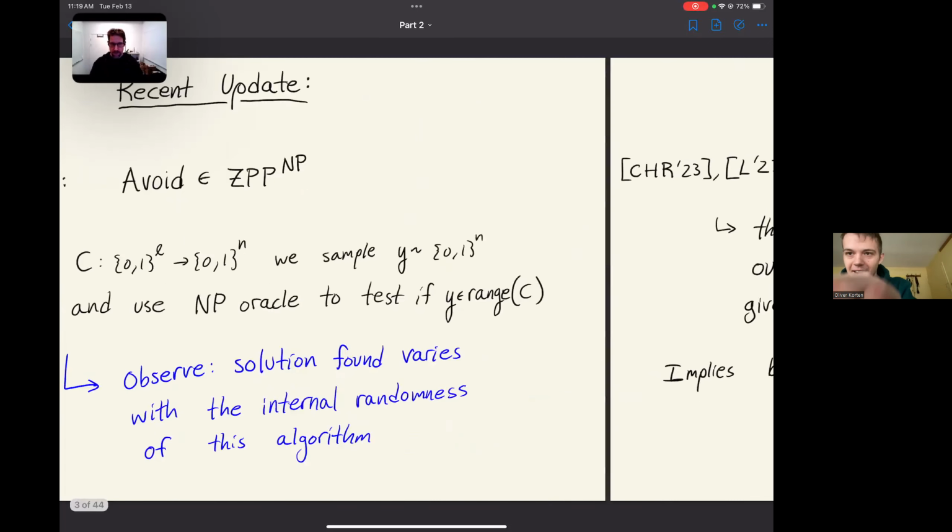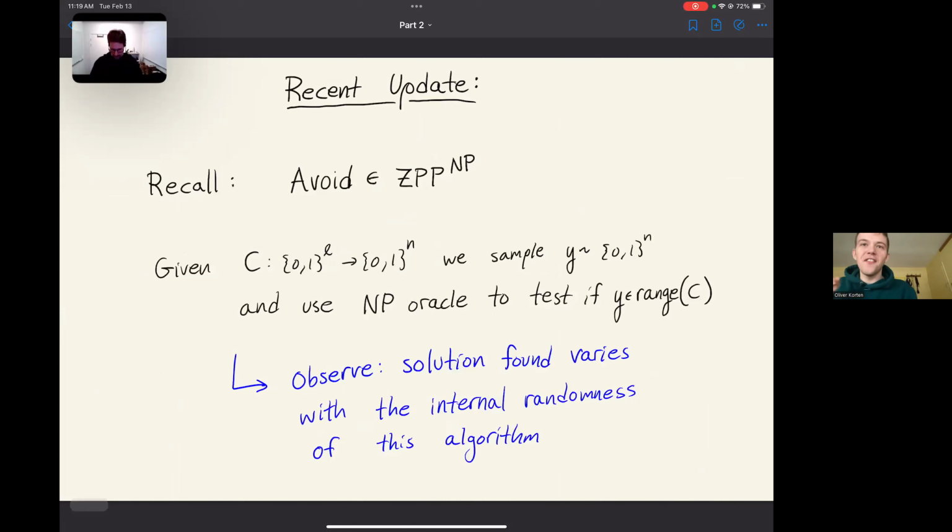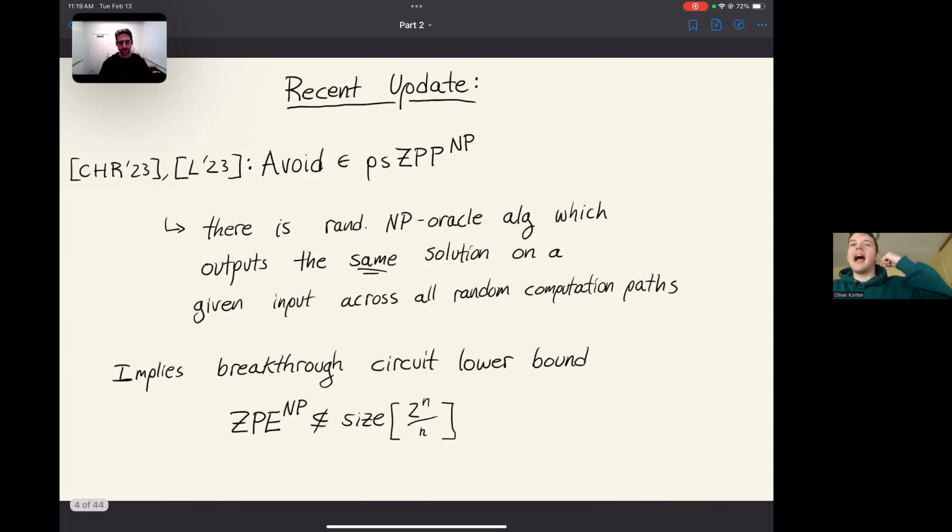So for each instance C, there's one fixed special solution depending just on C, and a randomized algorithm which with high probability outputs that one fixed solution across all of its random coin flips. This was proved in a combination of two papers, one by Chen, Hirahara, and Ren, and then a follow-up by Li.